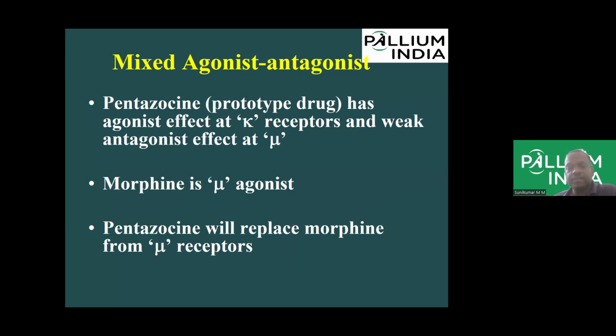So what happens if you give pentazocine to a patient who is already on larger doses of morphine? So here, pentazocine is an antagonist at mu, whereas morphine is an agonist at mu. So pentazocine will replace the morphine from the mu receptor.